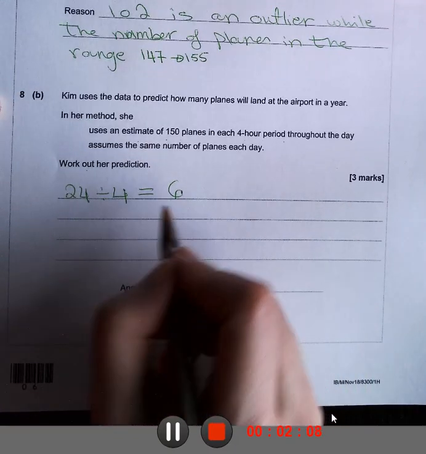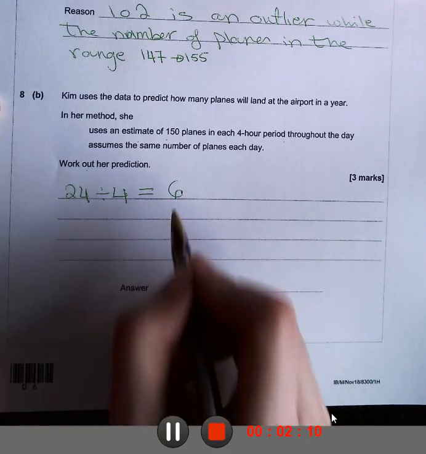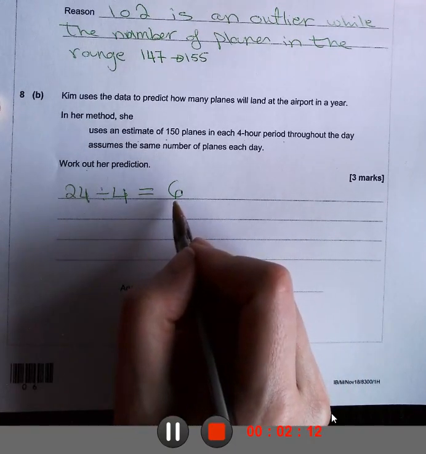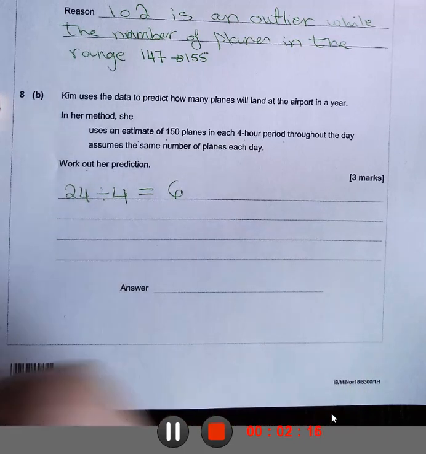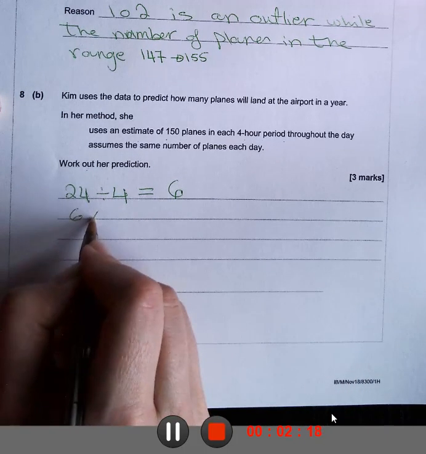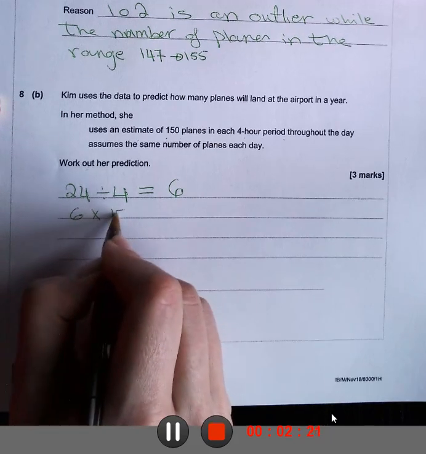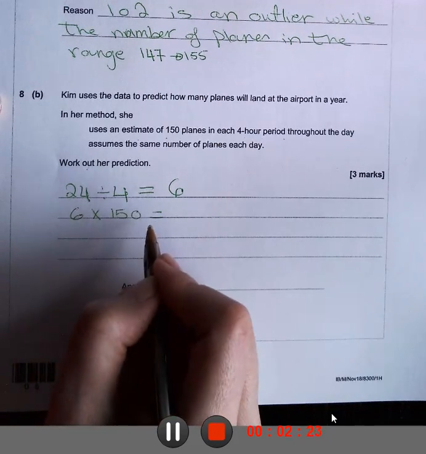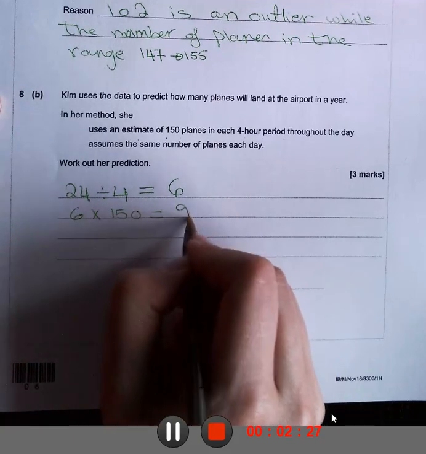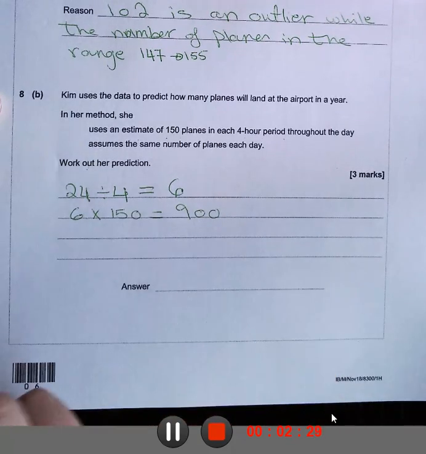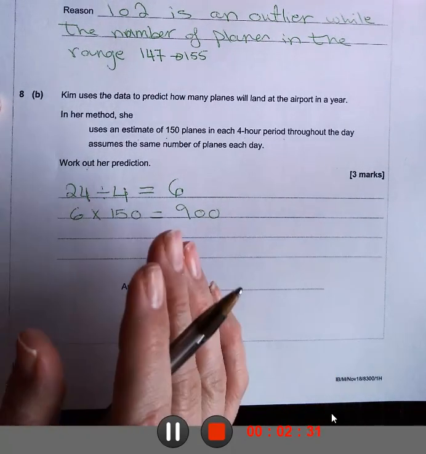As long as this is going to happen 6 times a day, I need to multiply it by the number of planes to see how many planes we're going to have per day. So 6 multiplied by 150 planes each time. So 150 times 6 equals 900. So I know that 900 planes land each day.